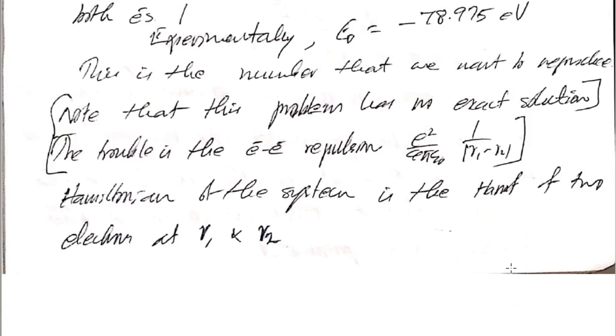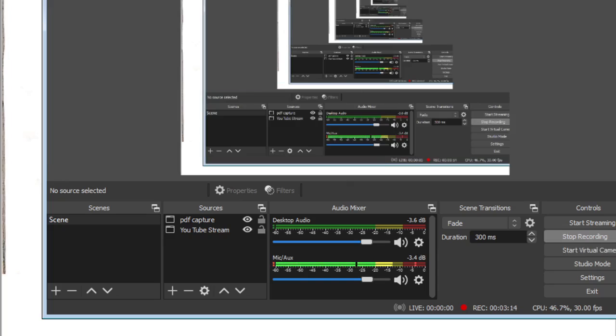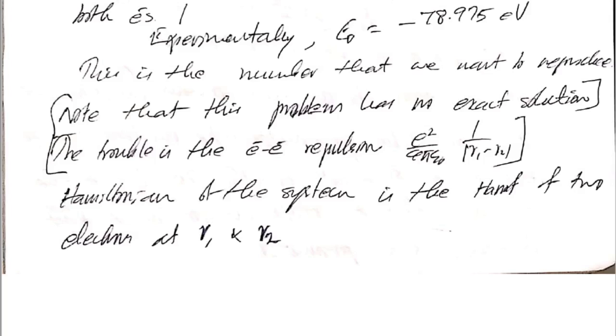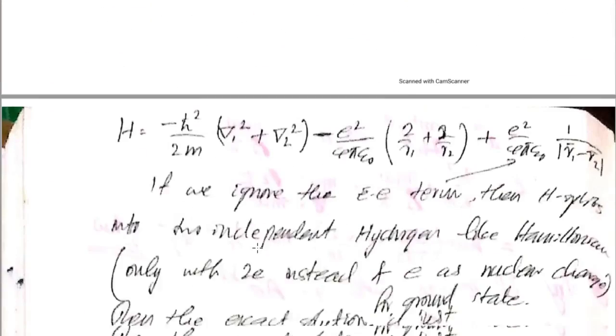So the Hamiltonian of the system is the Hamiltonian of two electrons. The positions of the electrons are at r1 and r2.